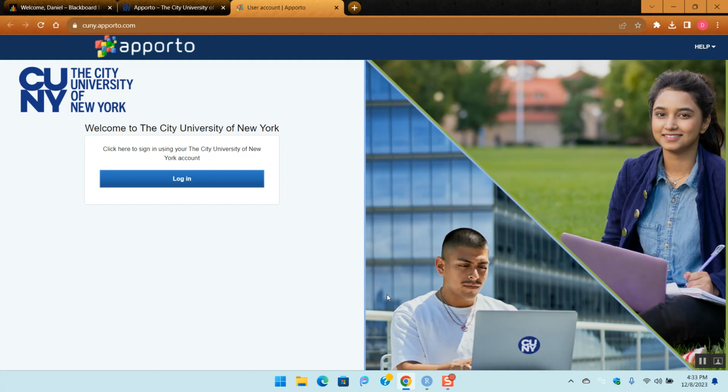After you do the profile the first time, it speeds up your login. So I don't have to wait that long after I've done it the first time. I'm just going to log right in here.